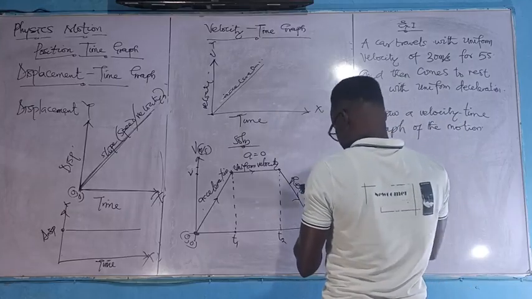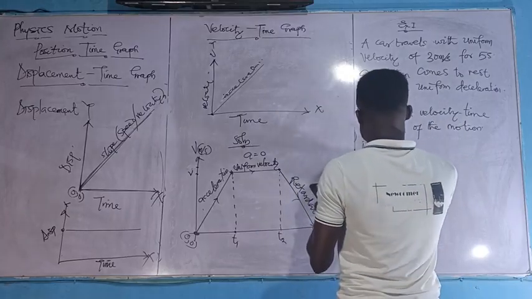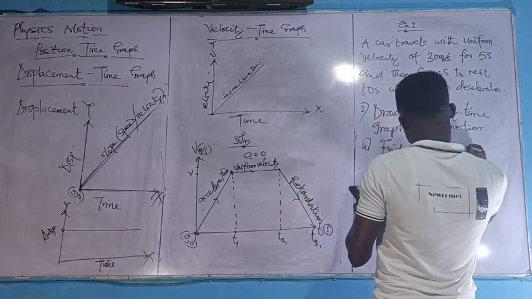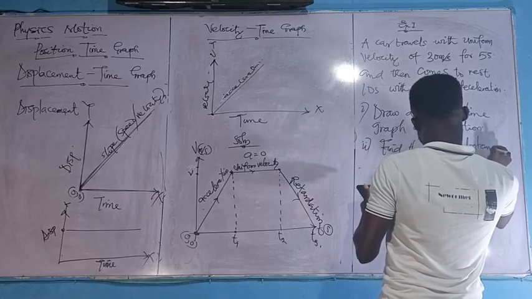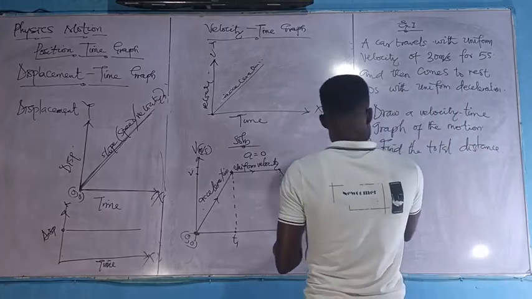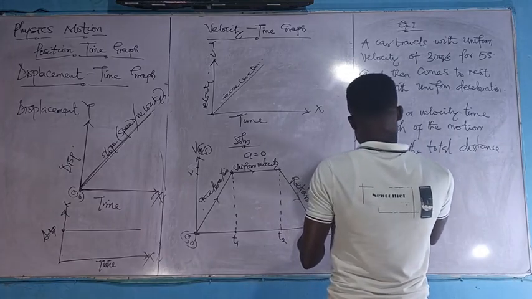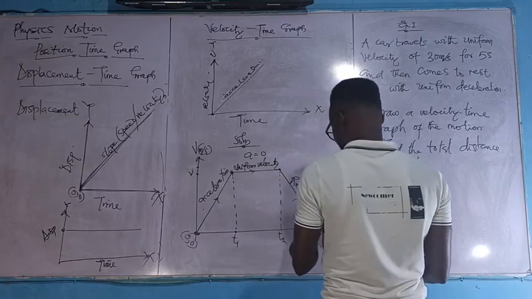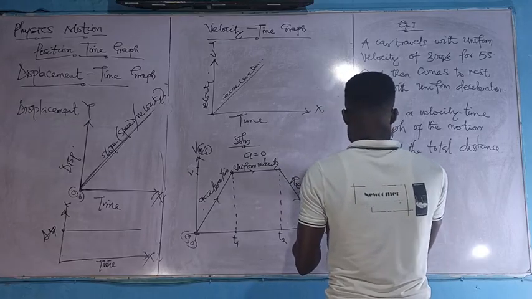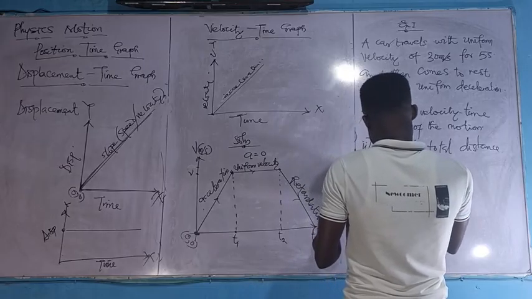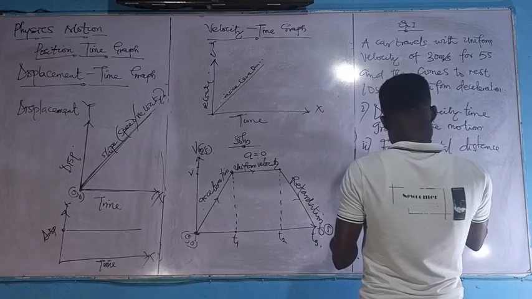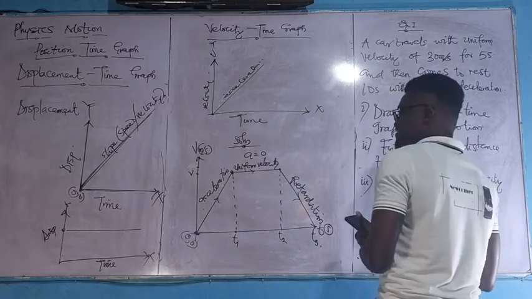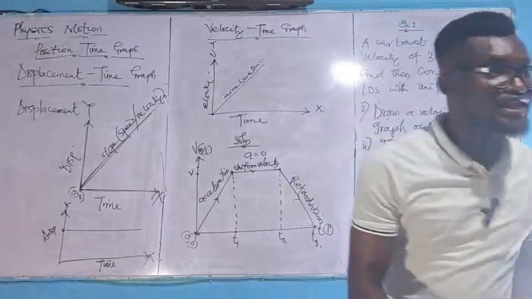Then find the total distance traveled. Then find the average velocity. Okay.